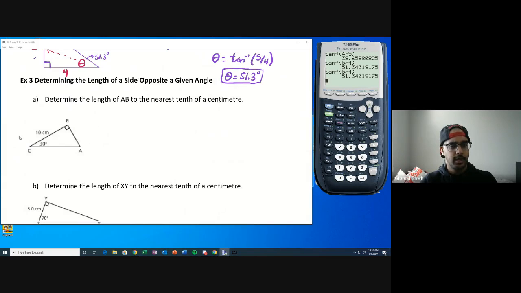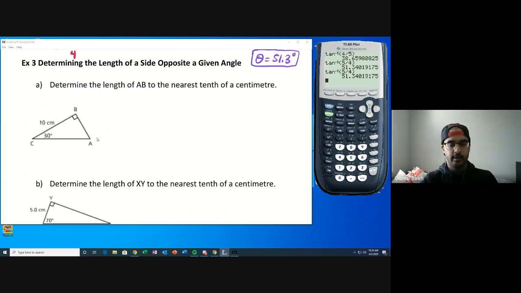So here's the information I have. Now, in order to do this, labeling that triangle is going to be important. If this is my right angle, AC is my hypotenuse. The other two side lengths we can give names, and those names come from a reference angle. They've given me an angle of 30, so let's use 30.